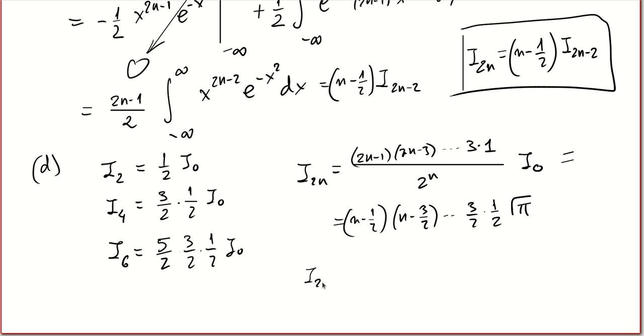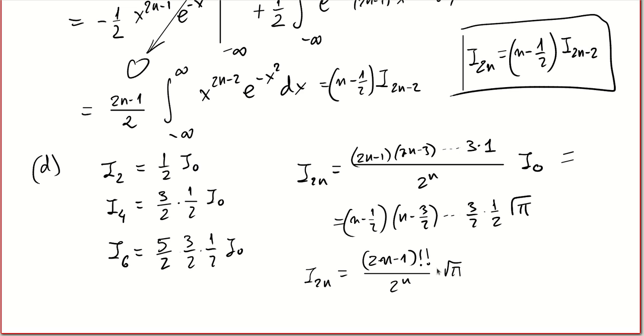You can write this as (2n-1) double factorial. Double factorial means that you are skipping one factor. So you multiply by every other factor until you reach 1 or 2, depending on the one you're starting from. So that's another way of writing the same result.